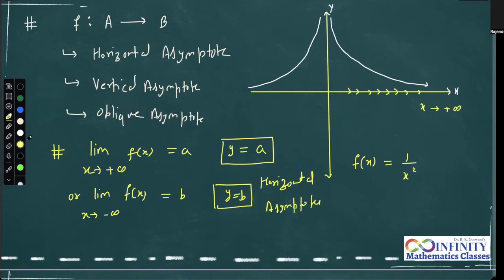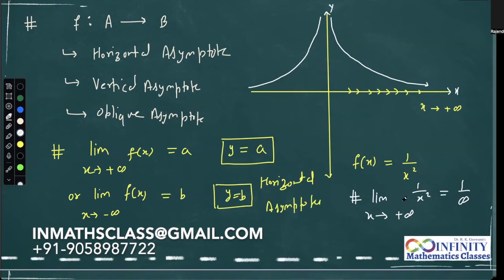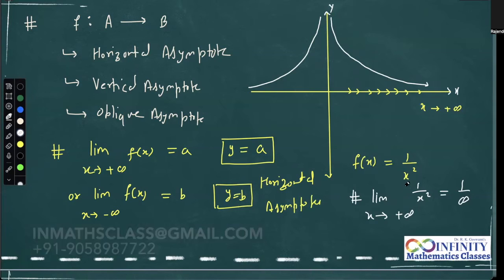So for example, for the particular question that I have chosen, tell me what if I ask you to take the limit as x tends to plus infinity? What will you have? f(x) is 1 over x square.